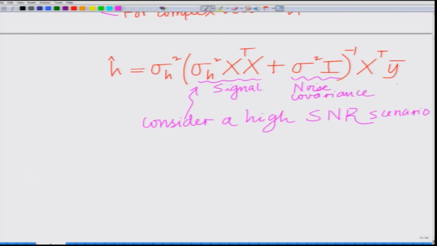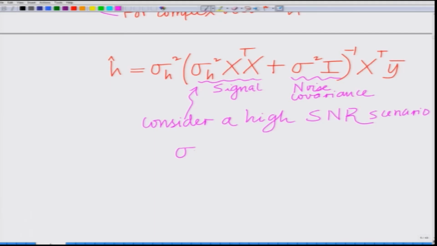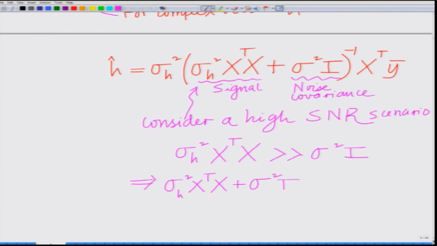In high signal to noise power ratio, the signal power or signal covariance is much stronger than the noise covariance. Therefore, what we will have is sigma h square x transpose x will be much larger than sigma square identity, which implies basically that sigma h square x transpose x plus sigma square identity is approximately equal to sigma h square x transpose x.